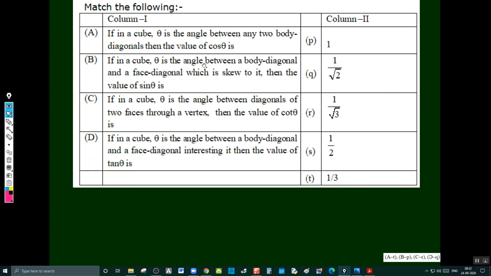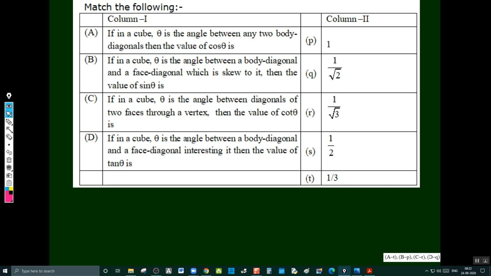For A, the option is T we have got. Are you trying it or not? B, please. Respond, please. Yes, sir, we are trying.